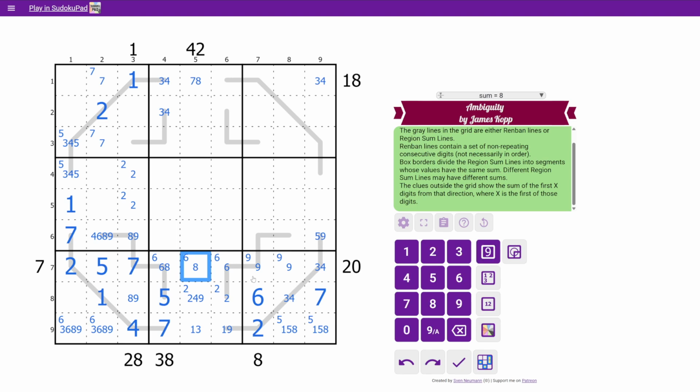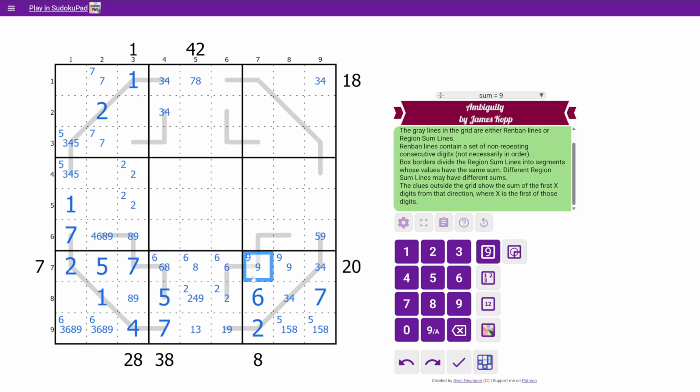So this is not a 6, I think, ever. I think. What can this be? It's a 1 or an 8, right? Or, maybe I should ask, what can this be?